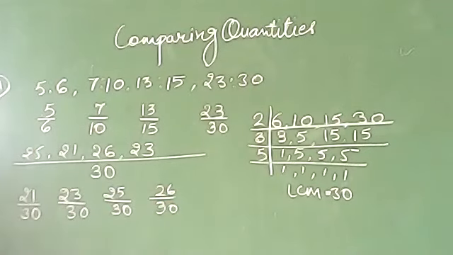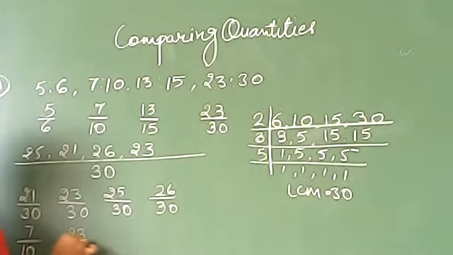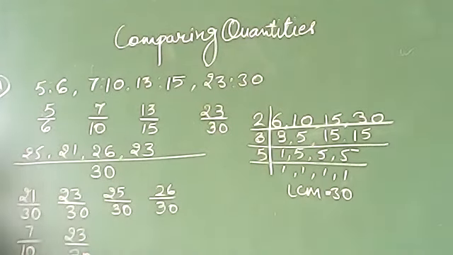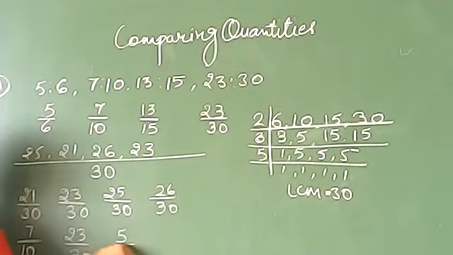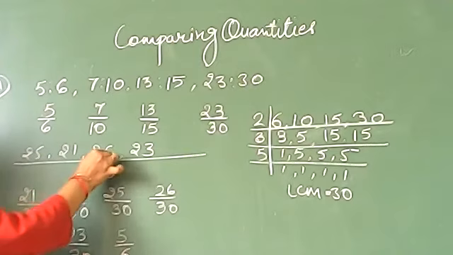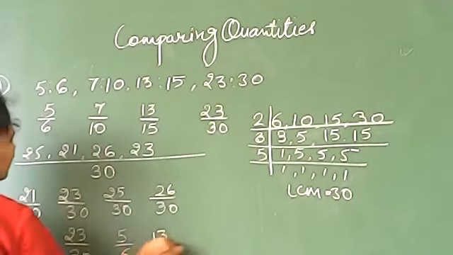Now you know 21/30 came from 7/10, 23/30 came from 23/30, then 25/30 came from 5/6 and 26/30 came from 13/15.